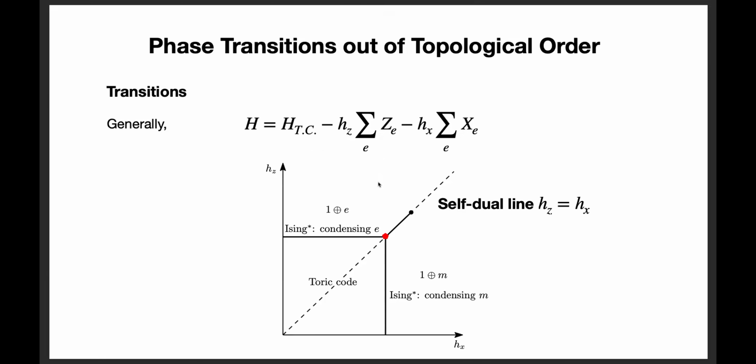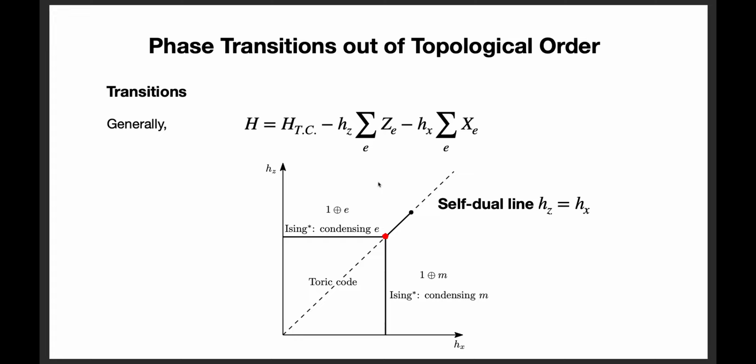But more generally, of course, you can turn on more perturbations. In particular, you can turn on the fluctuations of both the E particle and the M particle. Then you will have a 2D phase diagram. Along the two axes is the Ising star transition we have talked about.